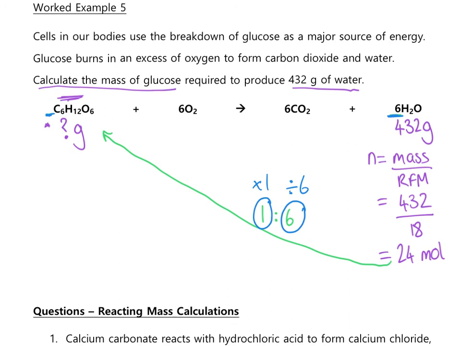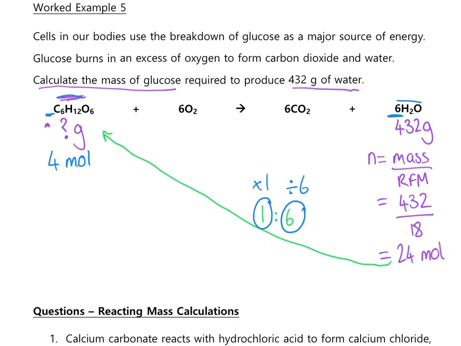Think about it: I should end up with a smaller number of moles because I have 6 moles of water and only 1 mole of glucose. So check that after you've done your balancing number ratio calculation, and think about whether it should be getting smaller or bigger. 24 divided by 6 is 4 moles. So when I've produced 24 moles of water, that has come from 4 moles of glucose.